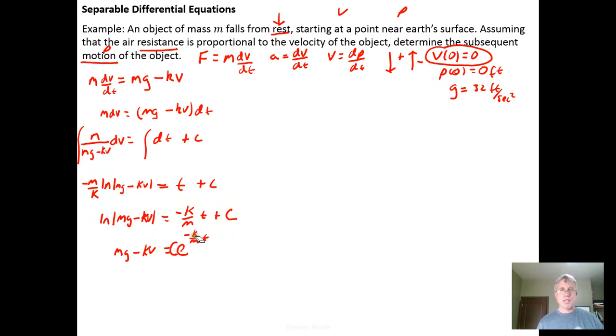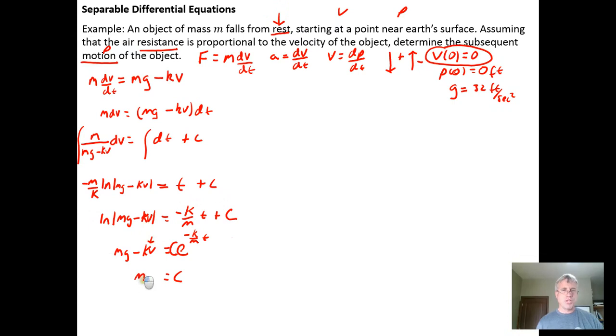So if I plug in time equals 0 here and velocity equals 0 right here, we'll get c times e to the negative k over m times 0, which will be 0. We'll get e to the 0, but e to the 0 is just 1. So when we plug time equals 0 in, e to the stuff becomes e to the 0, which is 1. It leaves me with the c. And when we plug 0 in for velocity, we get 0 times k is 0.